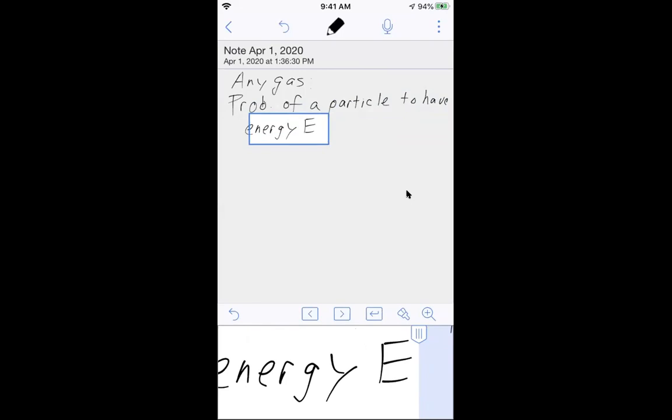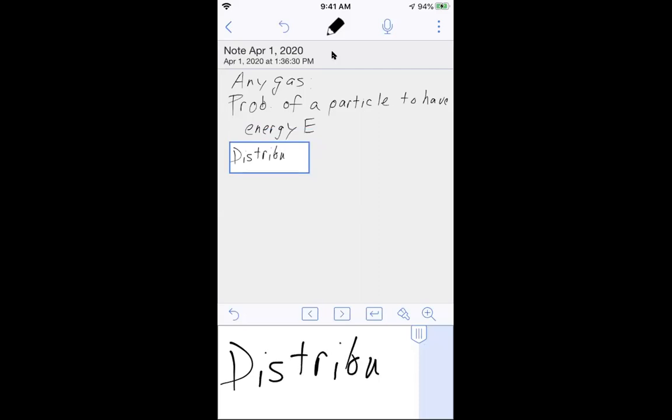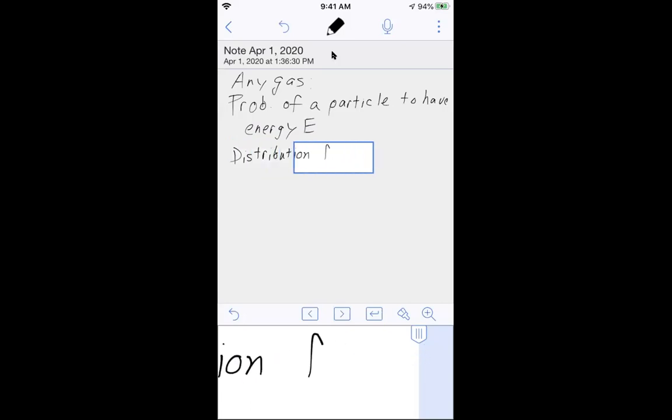So the energy, this is like a macro state, right? The energy that a particle has. So we need to know all the possible microstates that would lead to that. First of all, we have a distribution function, like those probabilities that we just calculated, right?